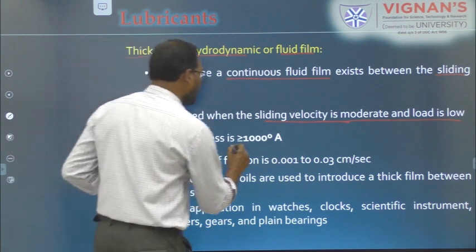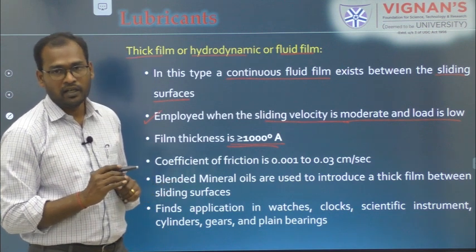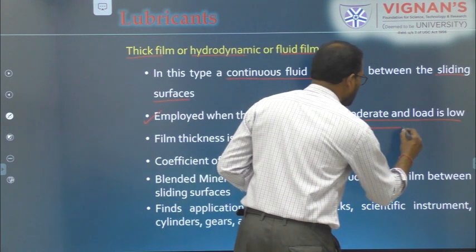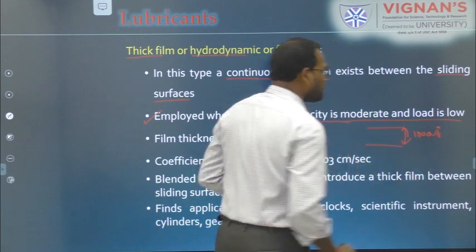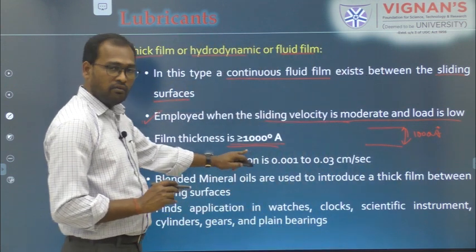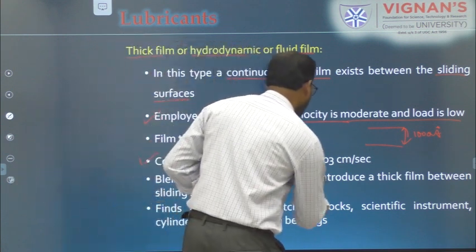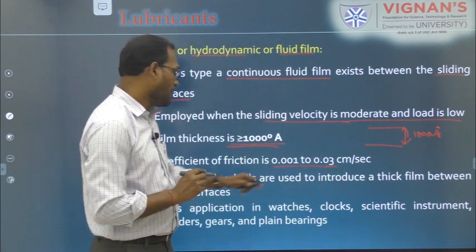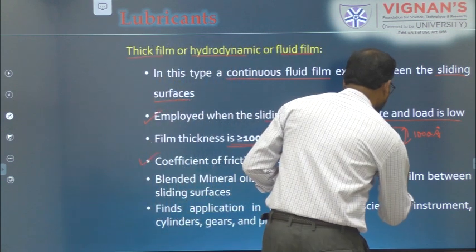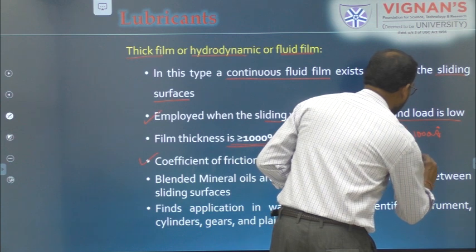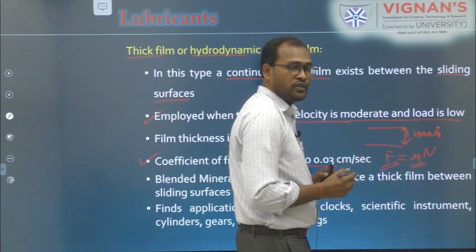And the third one, the thickness of the film will be greater than or equal to 1000 angstroms, right? The thickness of the film between the two surfaces will be 1000 angstroms, right? And the coefficient of friction should be very low, at 0.001 to 0.03. This coefficient of friction is from the relation F equals mu n, where F is the frictional force and mu is the coefficient of friction.